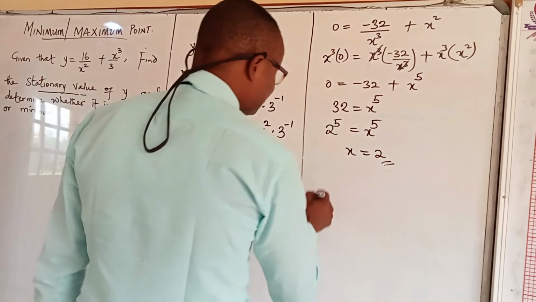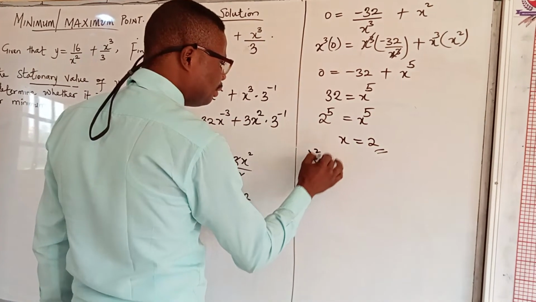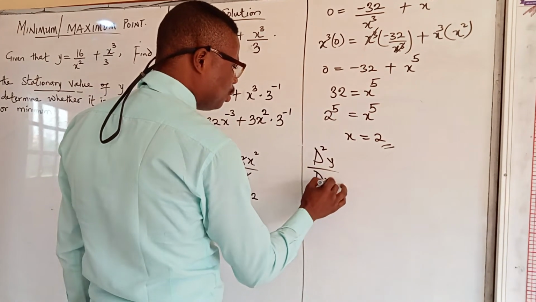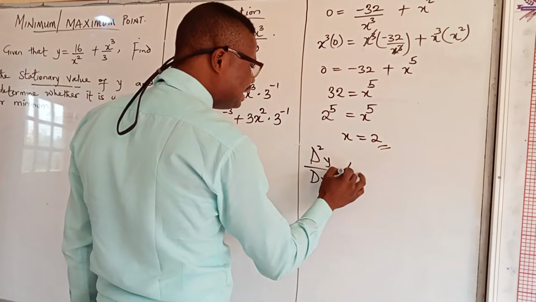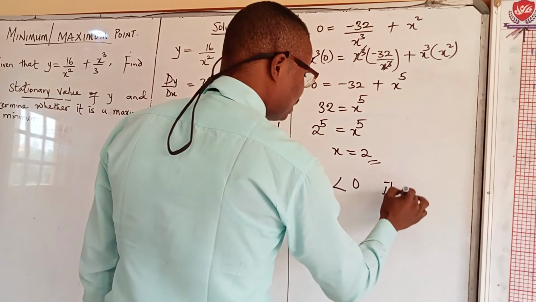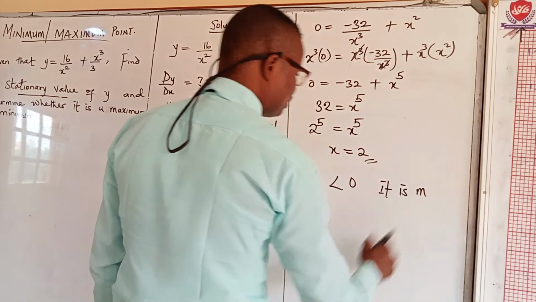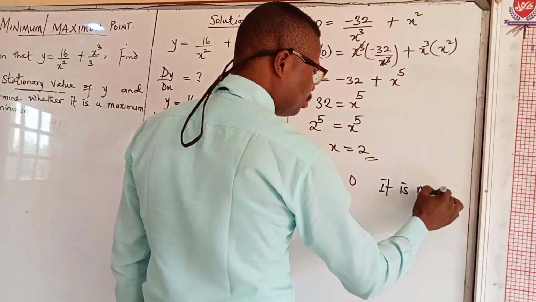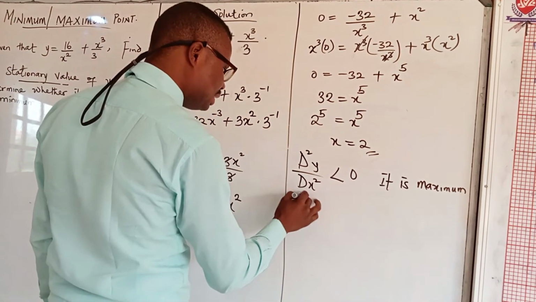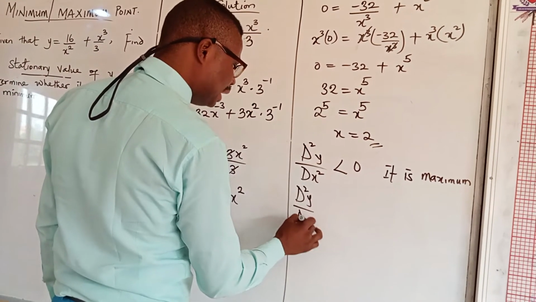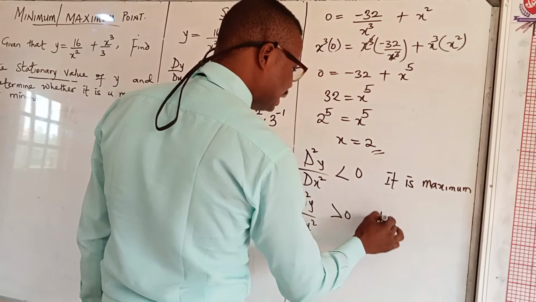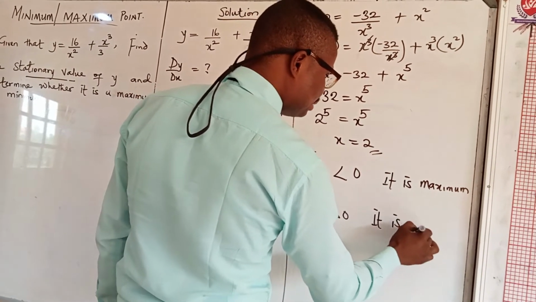But we want to test whether it is a maximum or a minimum. It is believed that if the second derivative, d squared y over dx squared, is less than 0, then we say it is a maximum. If d squared y over dx squared is greater than 0, we say it is a minimum.